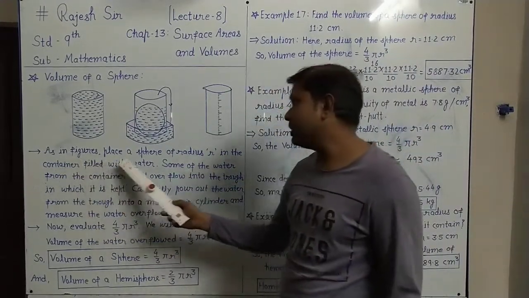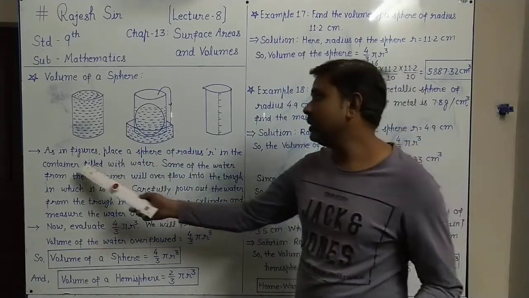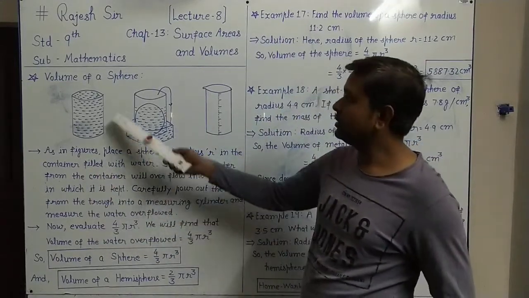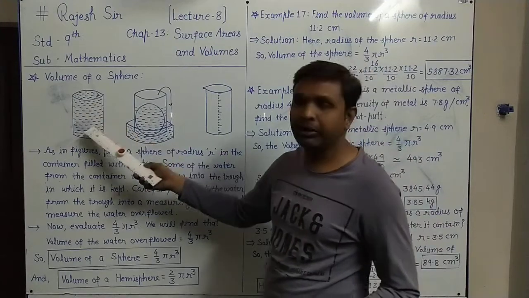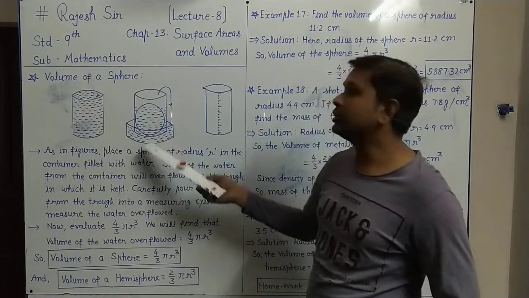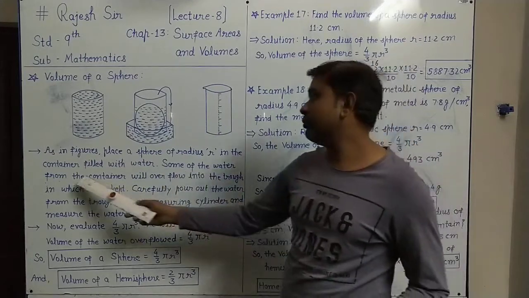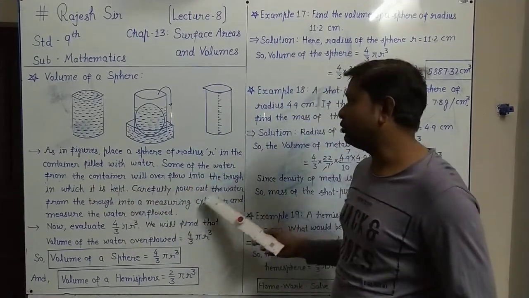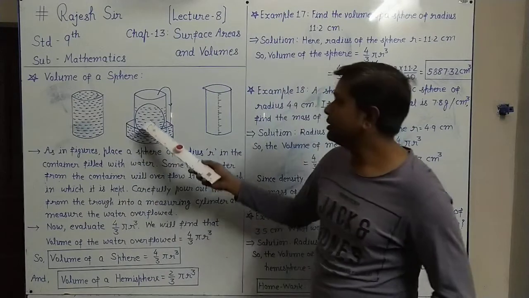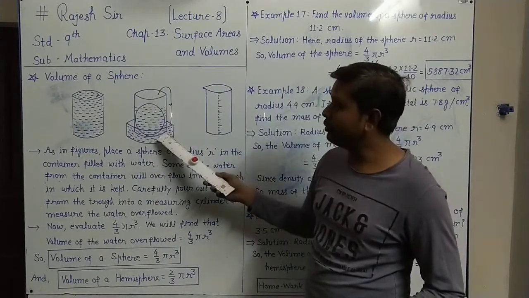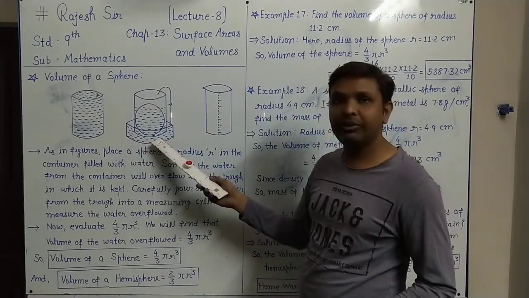As in the figure, place a sphere of radius r in the container filled with water. This is the container filled with water, in which the sphere is placed. Then some of the water from the container will overflow into the trough in which it is kept.